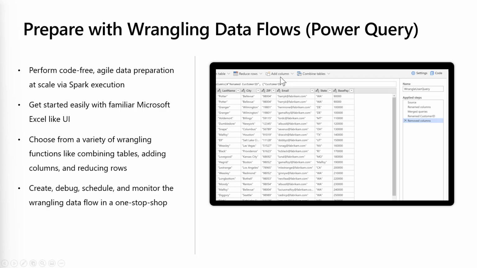You can choose button-click transformation tasks, for example, pivot, splitting columns, and joining tables. You can create, debug, schedule, and monitor the wrangling data flow in Azure Data Factory also.